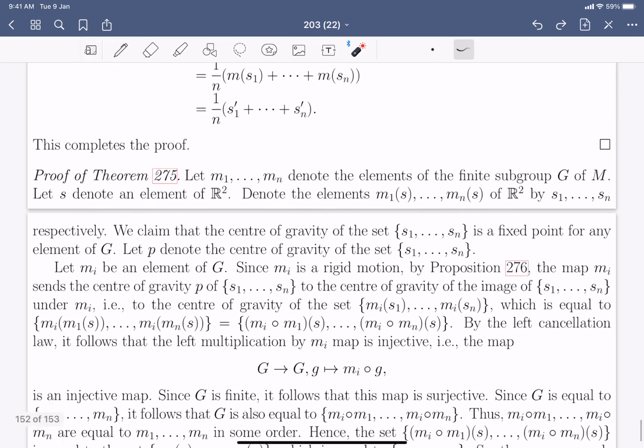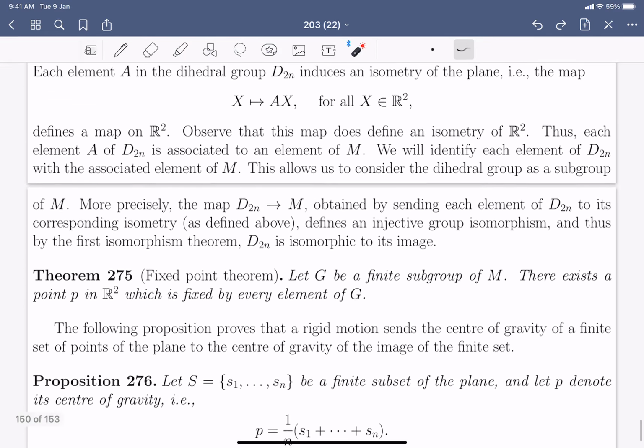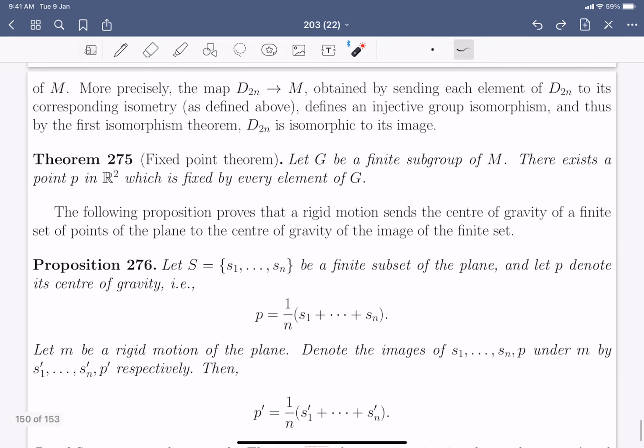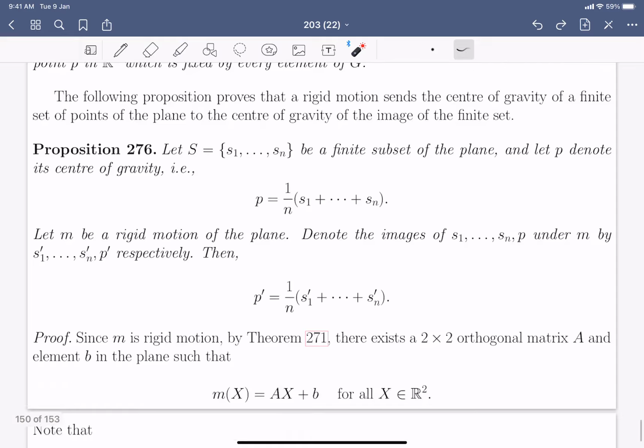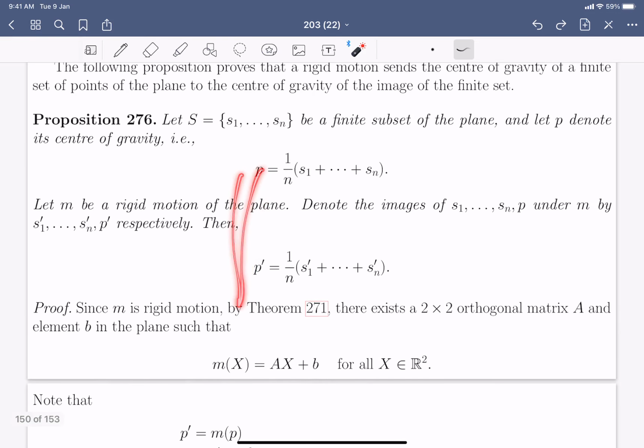We'll use this property to establish an interesting result, namely the theorem that we stated a while ago: if you take a finite subgroup G, then there exists a point P inside R2 which is fixed by every element of G. As you might guess, we are going to apply a so-called averaging technique.